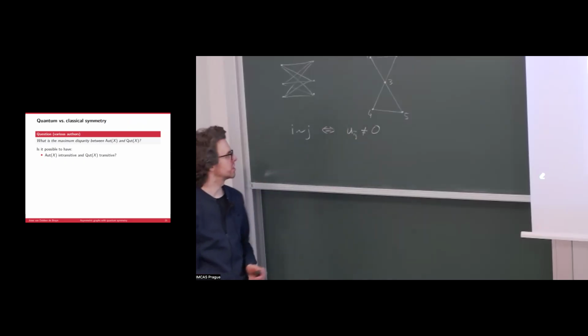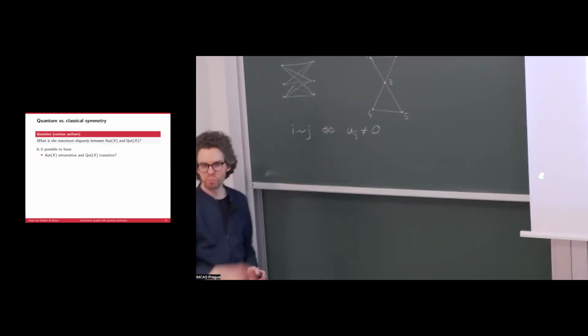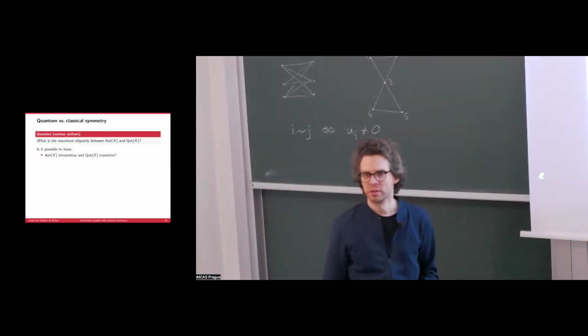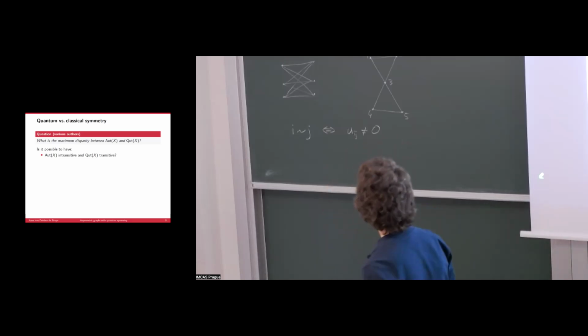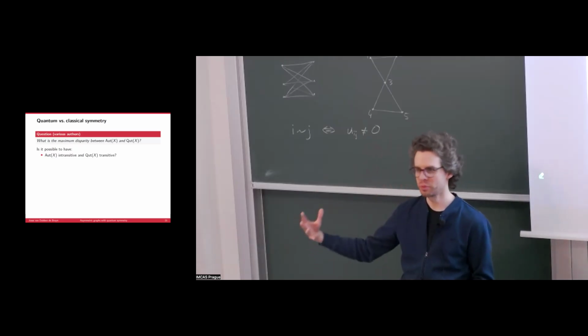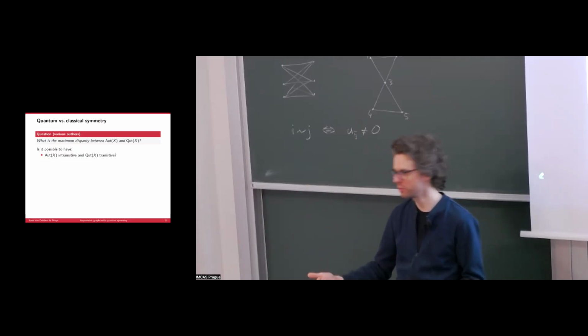And you can show that this is actually an equivalence relation. We take our graph, and the quantum automorphism group is these quantum permutation matrices that commute with the adjacency matrix.